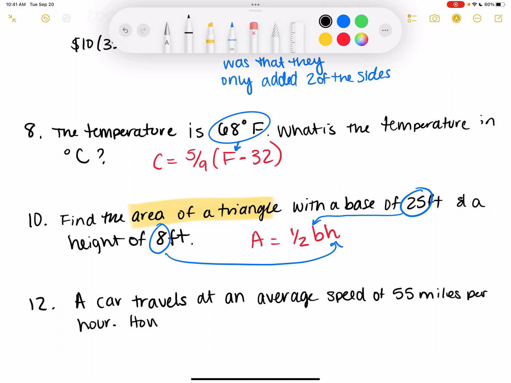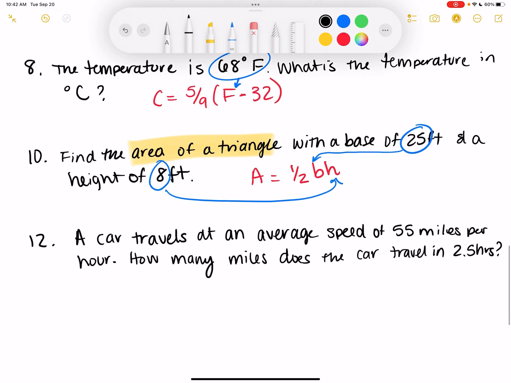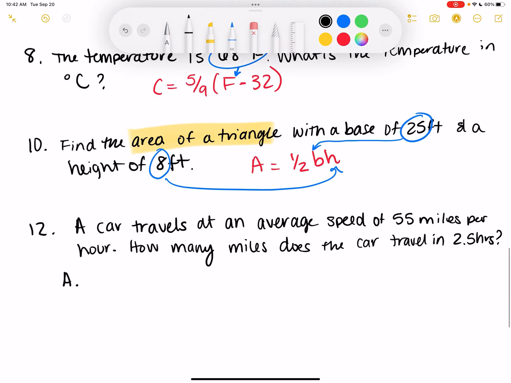How many miles does the car travel in 2.5 hours? And then our answer options are 22 miles, 57.5 miles, 110 miles, or 137.5 miles.